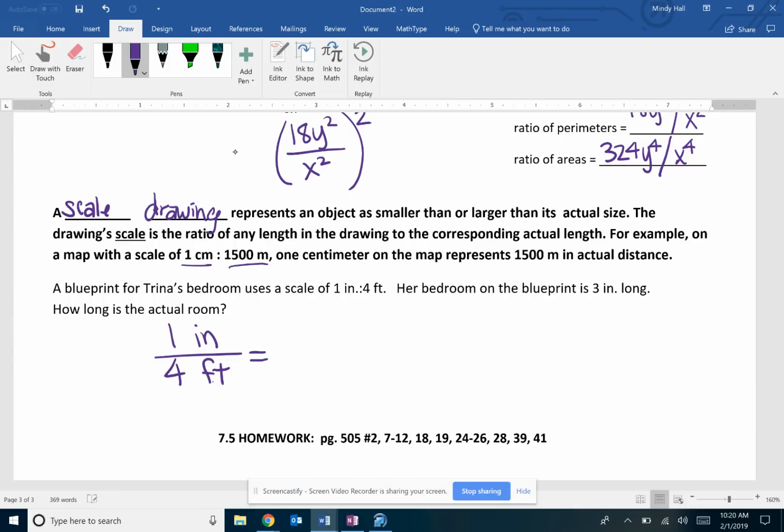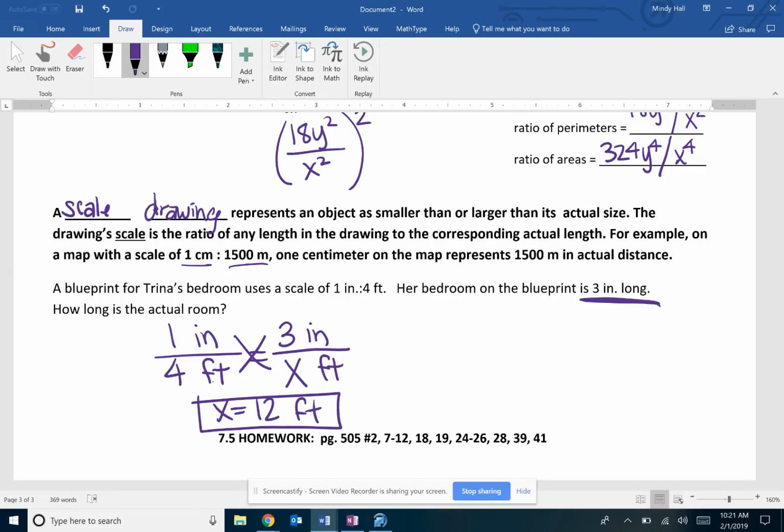Then when I set up my other side, I'm looking at what dimension I actually have. I am given this in inches, so I'm going to have 3 inches on the top. And I don't know how long the actual bedroom is because that's going to be measured in feet, so I'm just going to put an X. Okay? And then when we cross multiply, we get that X equals 12 feet.